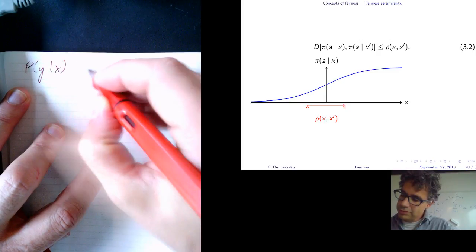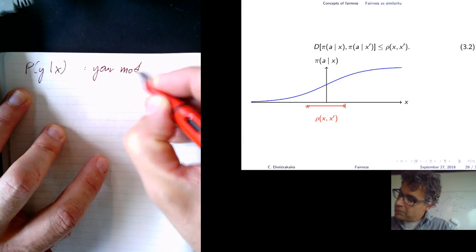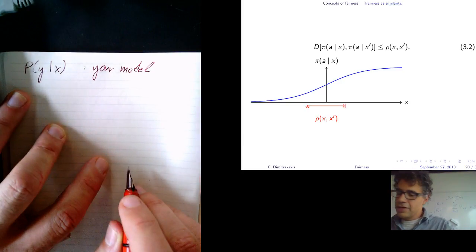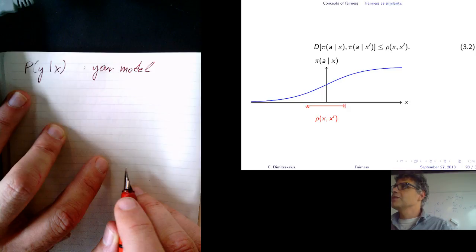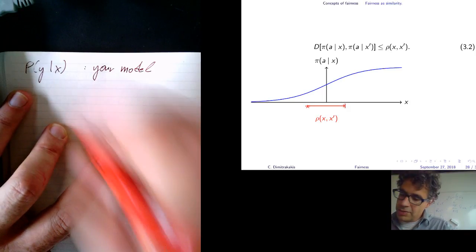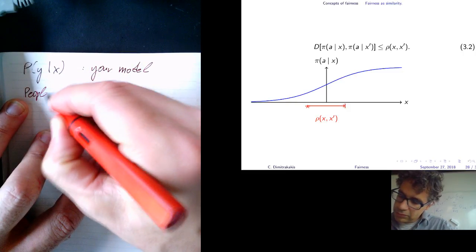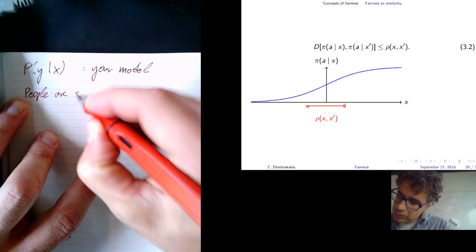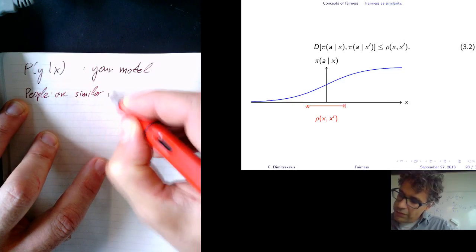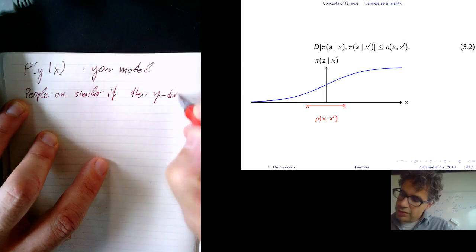That's your model. It can be a Bayesian model or something, or a classifier trained with gradient descent or anything else. It doesn't really matter. So you have some model, and then you say, people are similar if their y distributions are similar.